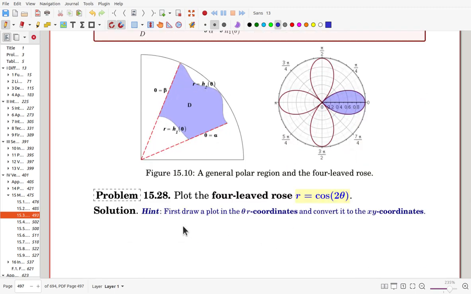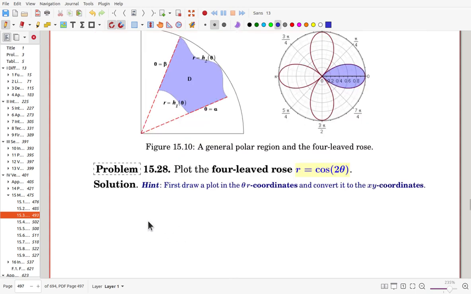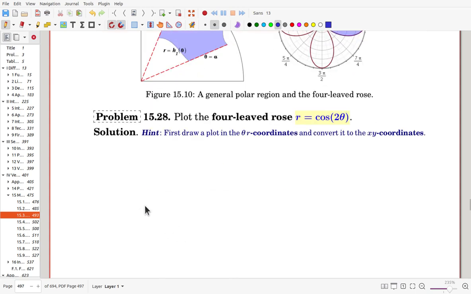In this problem, we'll try to plot the four-leaved rose r equals cosine 2 theta. The maroon color curve is the four-leaved rose. We'll see how to plot the curve.